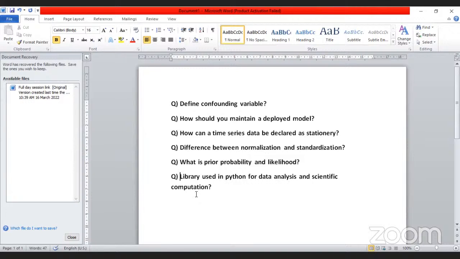If anyone asks you which libraries you are using for data analysis or scientific computation, these are the libraries: SciPy, Pandas, Matplotlib, NumPy, Scikit, Seaborn. We deal with these libraries every day, right? You have to tell the names of these libraries, and if they ask you to explain, then only you explain those.